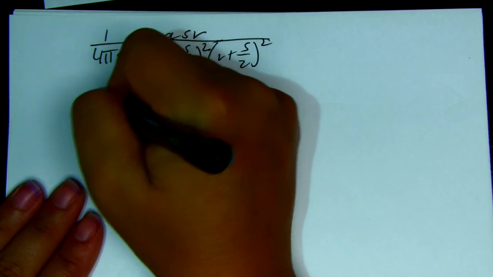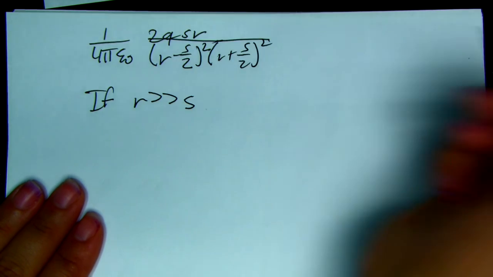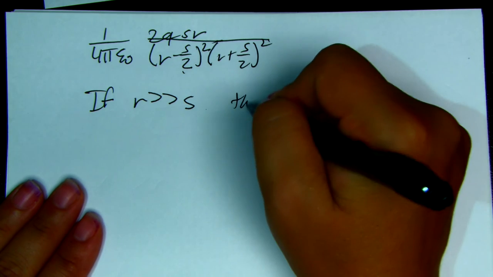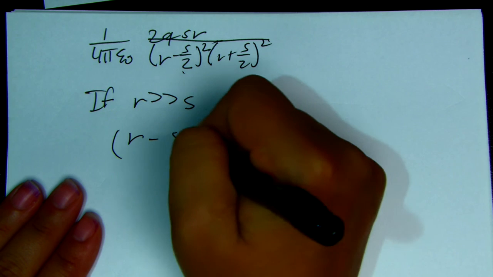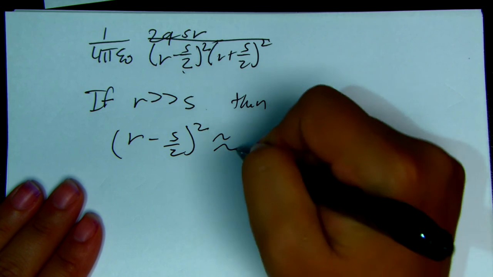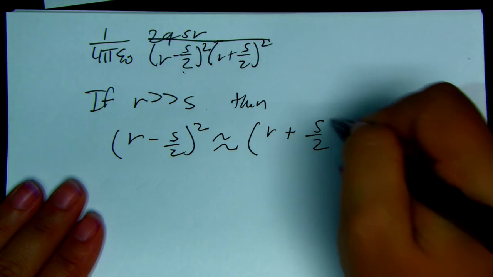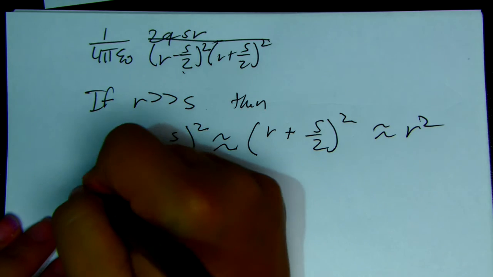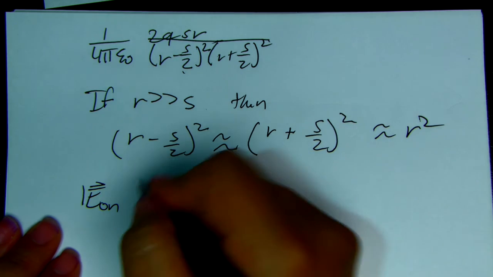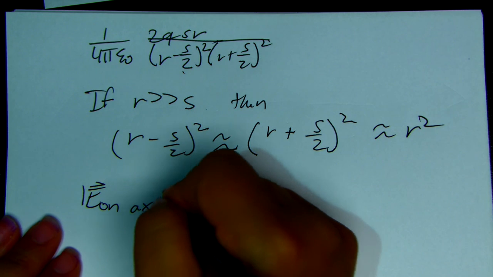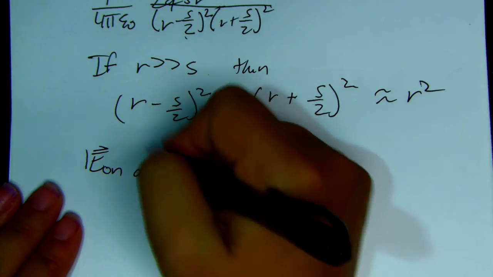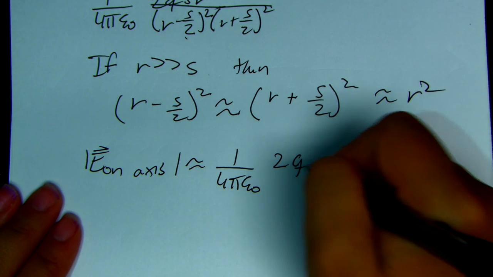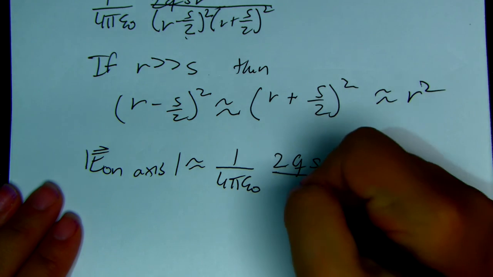If r is much, much larger than s, so s would become very, very tiny, then r minus s over 2 squared is approximately r plus s over 2 quantity squared, which is approximately r squared. And thus, the electric field on axis for when r is much, much bigger than s, which is often, becomes approximately 1 over 4 pi epsilon naught 2qs over r to the fourth.